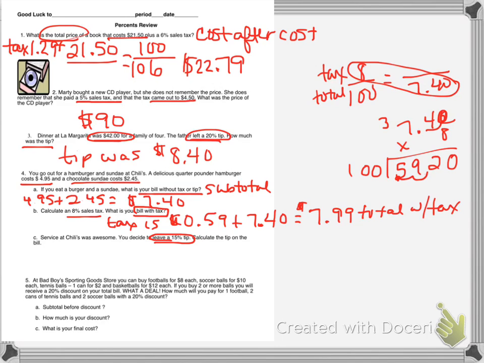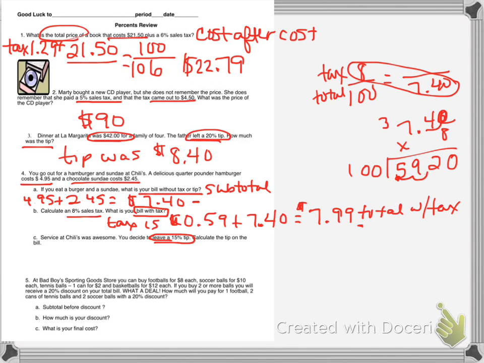I apologize. So when we get down to letter C with the tip, calculate the tip on the bill. We've talked about in class, sometimes people use the subtotal to find the tip, and some of them use the total after tax. I will show you both. I usually just use it after tax because that's the big number at the bottom of the bill.